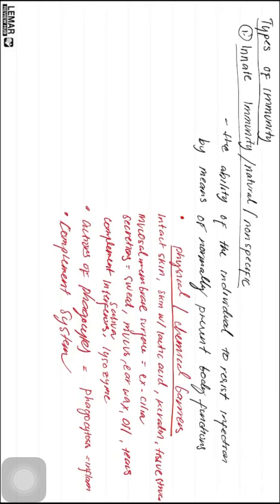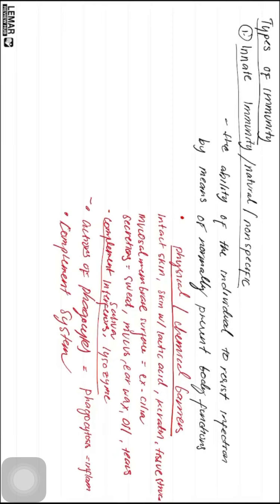Okay, what else? We have secretions, this includes your sweat, mucus, earwax, oil, tears, and saliva. So we have these chemical barriers. These are found in the tissues. These are the complement, interferons, and lysozymes.